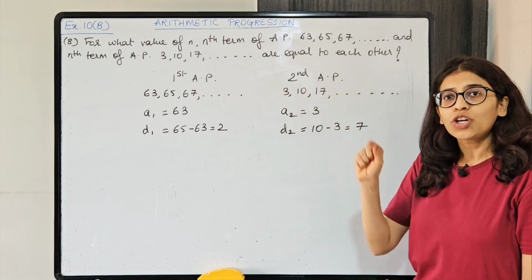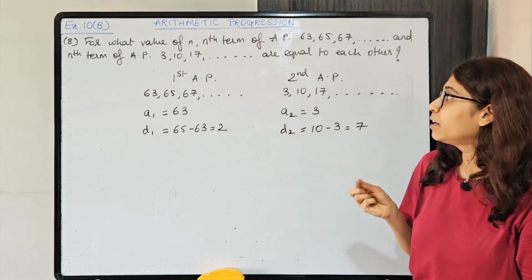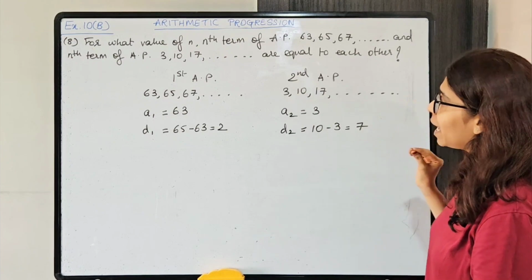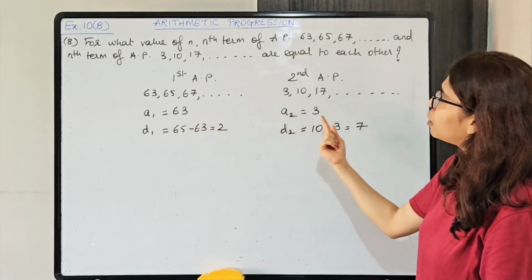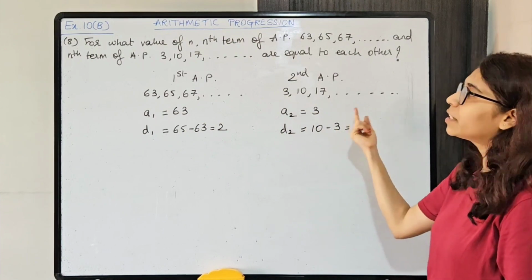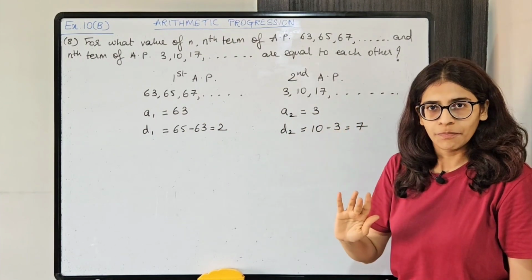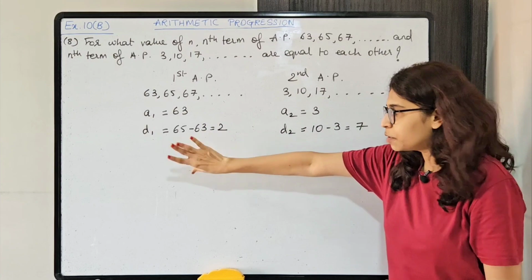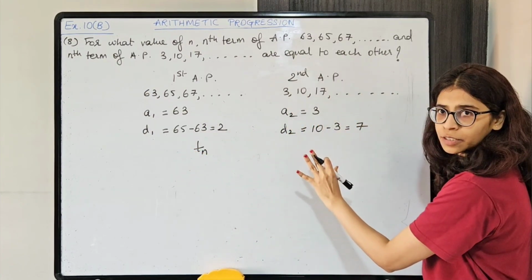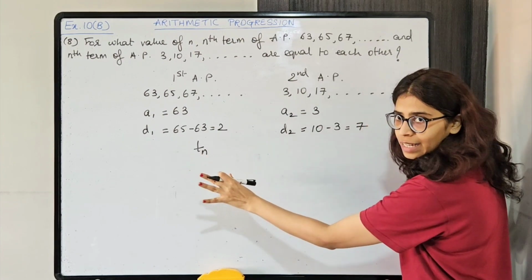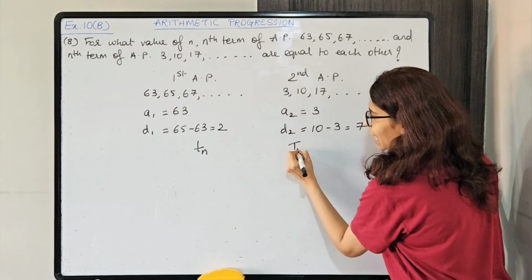Now let's see what we need to find out. For what value of n, nth term of first AP and nth term of second AP are equal to each other. इसका कोई nth term है and इसका भी कोई nth term है. So यहाँ पे मैंने Tn लिया है. Let us take over here capital Tn.